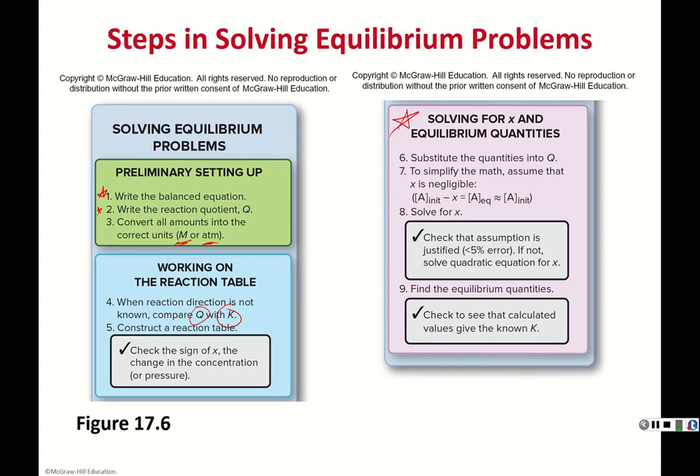So you substitute the expressions you get in your reaction table into the expression for Q, and then do the algebra. And again, to simplify the math, you can assume that X is negligible in cases where you have a very large reactant concentration relative to a smaller equilibrium constant.